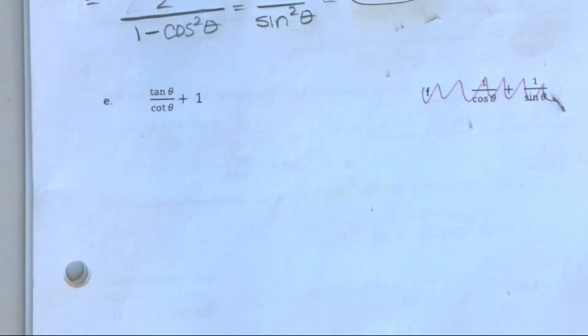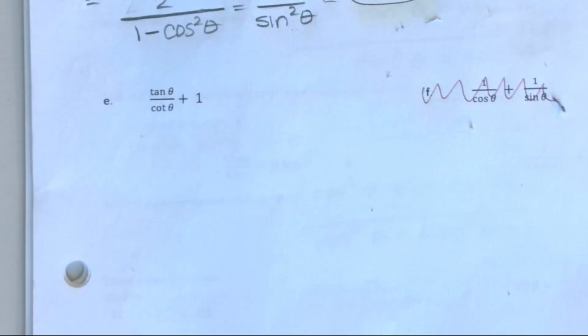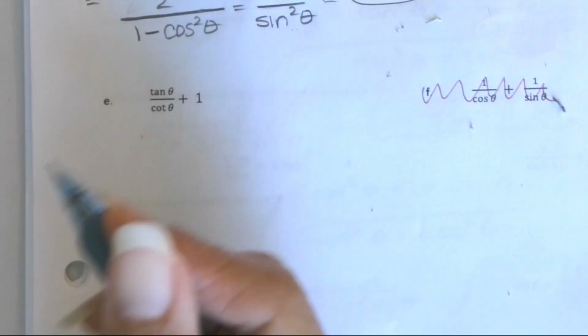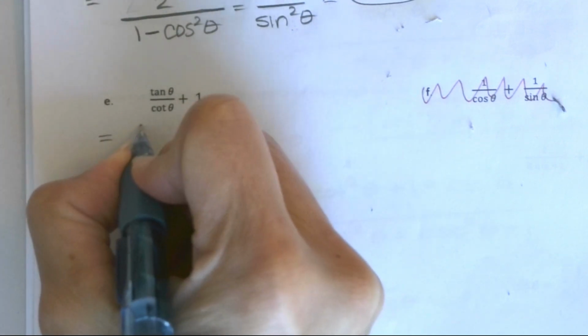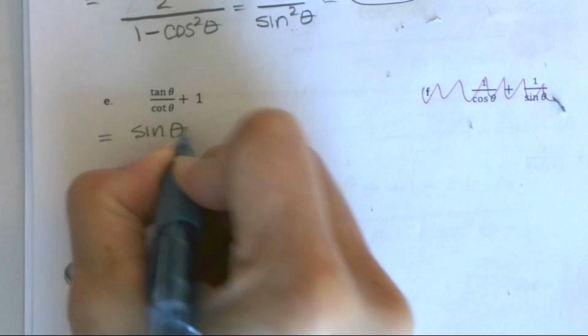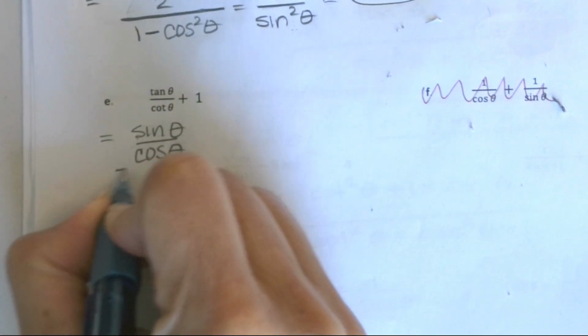No. So E is a fraction that can be broken down, correct? All right, so break it down. Tangent. What's that going to be? Very good. So tangent, if you look on your chart, is going to be sine theta over cosine theta.